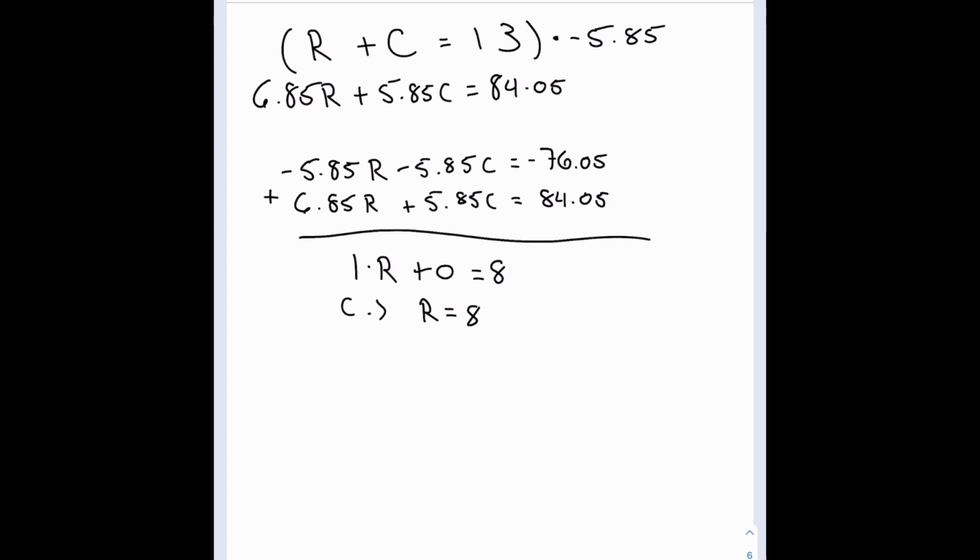And then now we must solve for the number of chrysanthemums, which we will do by taking this R value and substituting it into either of our equations. R plus C equals 13, for example, and R is 8. So 8 plus C must equal 13. So C must equal 5.